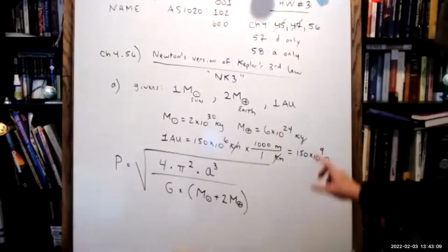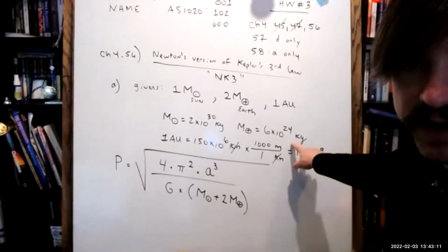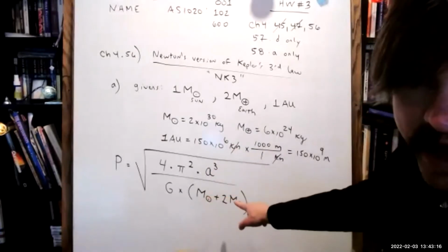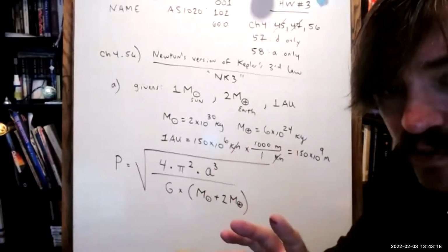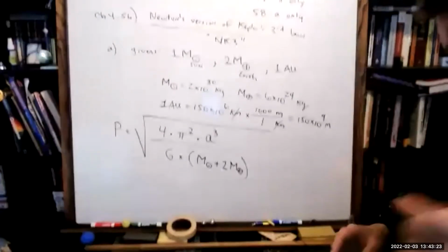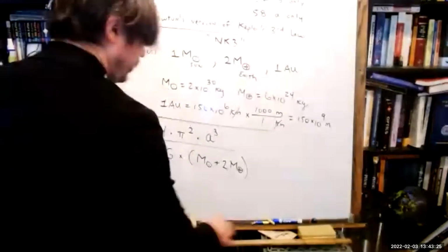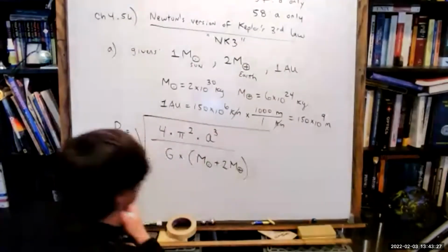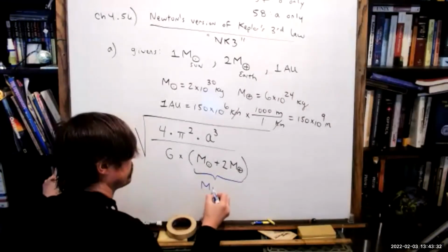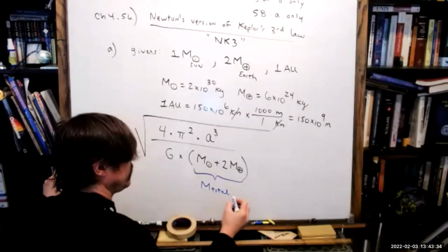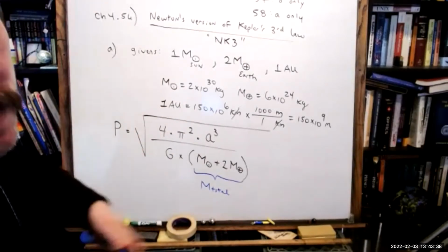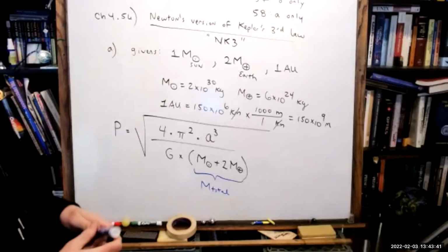At this point, we could plug in this value, and this value for that, and that. But if we did that, we would actually miss a little trick or a little secret. Sometimes it's easier to kind of refer to this quantity in parentheses as the total mass. And I'm going to ask us to calculate the total mass separately.